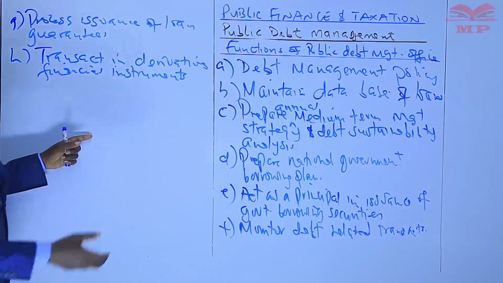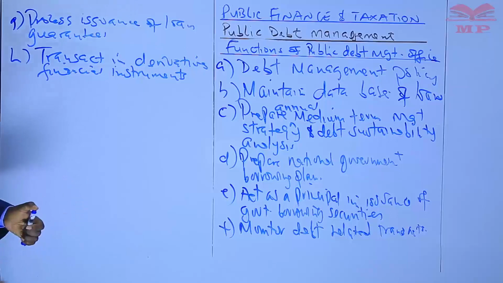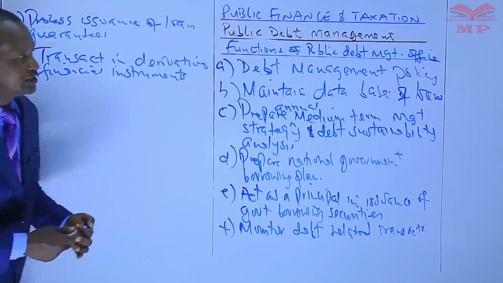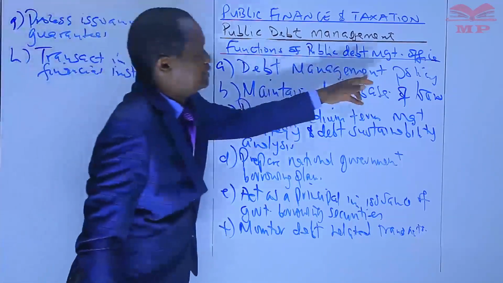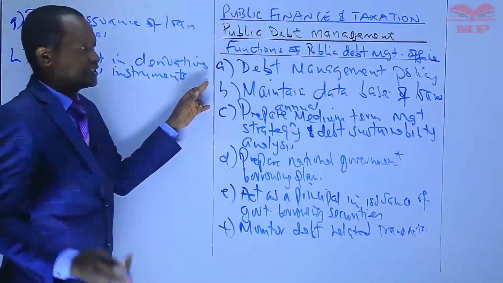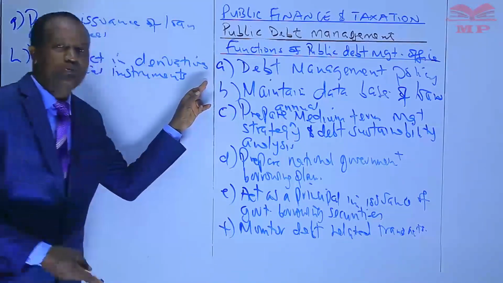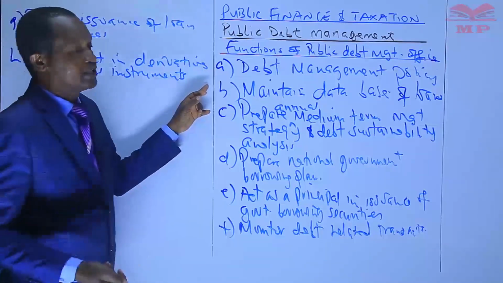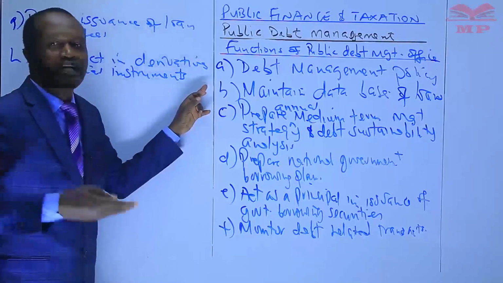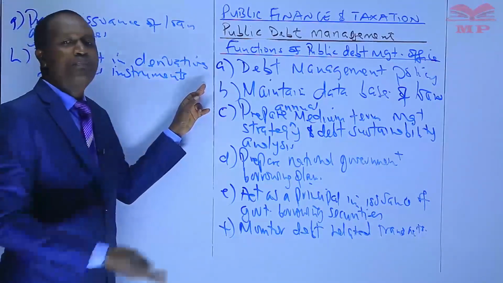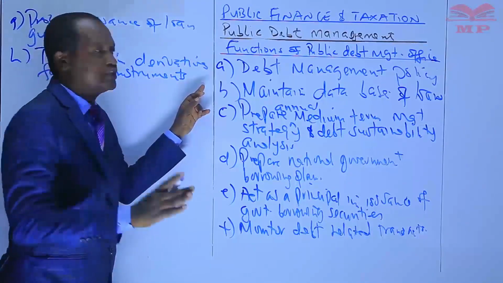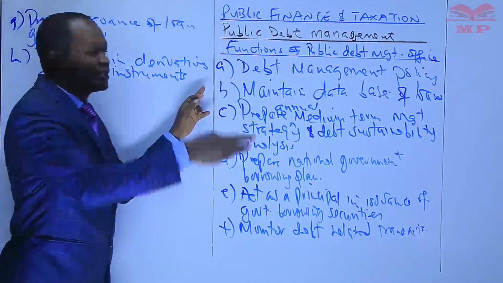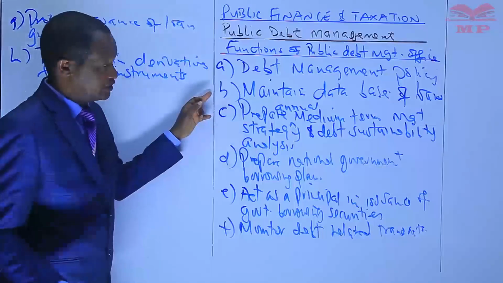So these are the functions of the Public Debt Management Office. The first function is in relation to debt management policy. The office carries out the government debt management policy of minimizing its financial cost over the long term, taking into account risk.